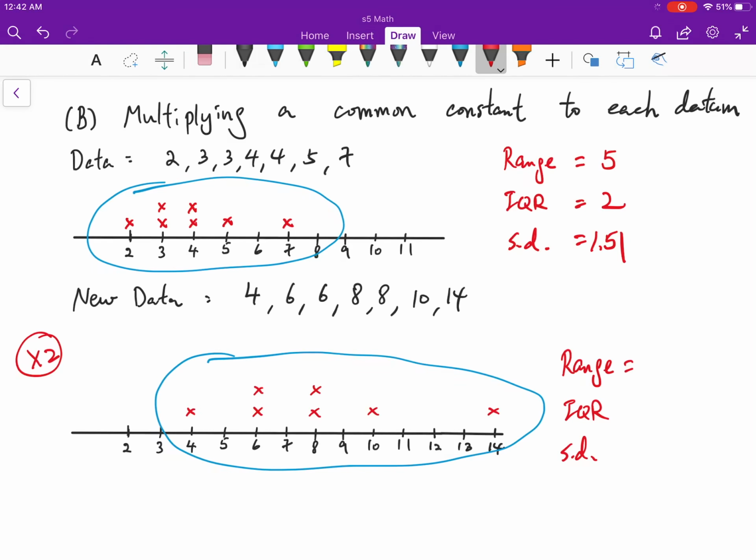So let's check it by considering the range, IQR and the SD. The new range is 14 minus 4, which is 10. For the IQR, we get 10 and 6, so 10 minus 6, which is 4. And the SD, from the calculator, you can find 5.02.